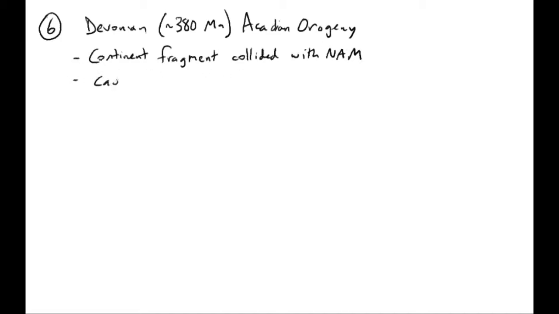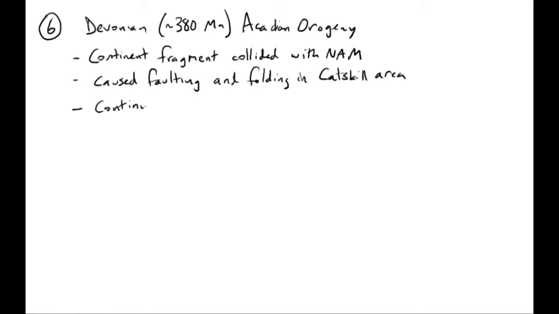And this caused, among other things, faulting and folding in the Catskill area. And actually, this was one part of a series of collisions that together formed supercontinent Pangaea.